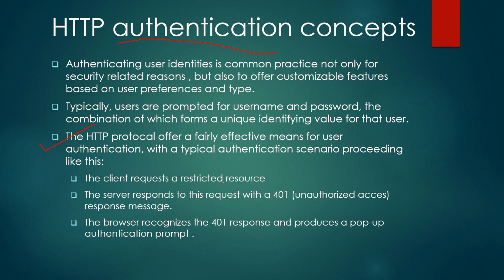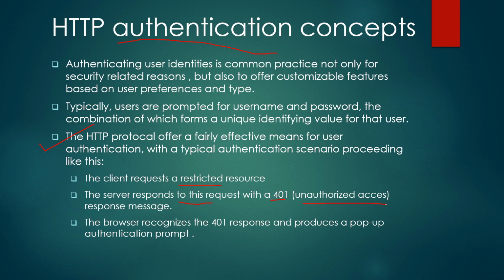The client requests a restricted resource. Restricted resource means not everyone will be able to access that resource. That resource could be anything: a website, an application, anything. The server responds to this request with a 401 error, which is called unauthorized access.